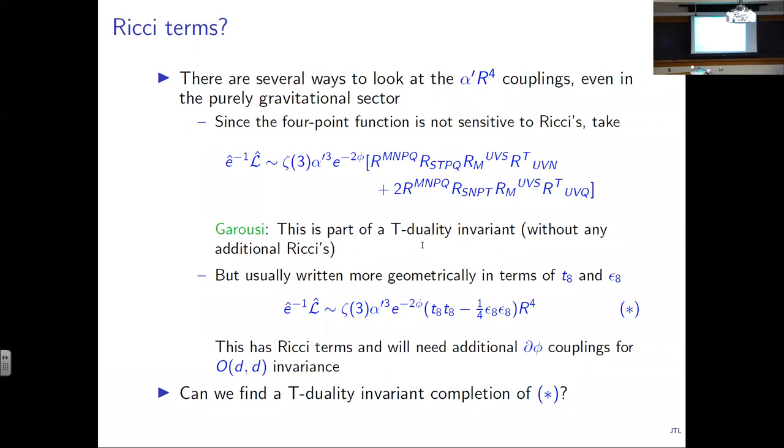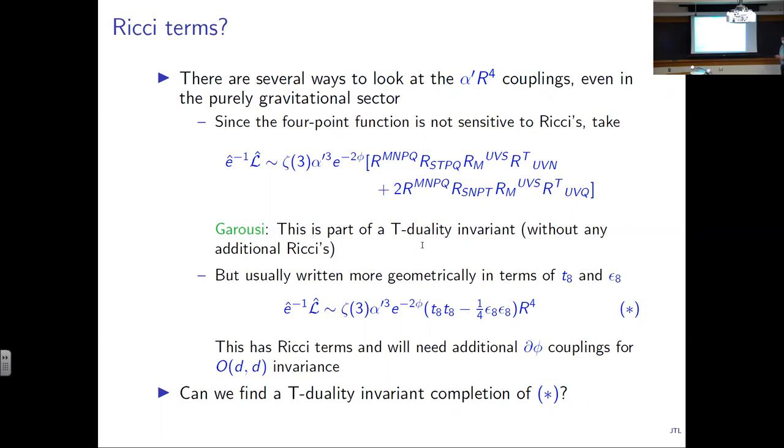However, there's also good geometric reasons that the R to the 4 terms should look like this. If you expand the t8 t8, epsilon 8 epsilon 8, you will find the Riemann stuff. You also find a whole string of Ricci's. And every time you have a Ricci, well, I don't need to go back, but the point is the Ricci's are not O(d,d) invariant.